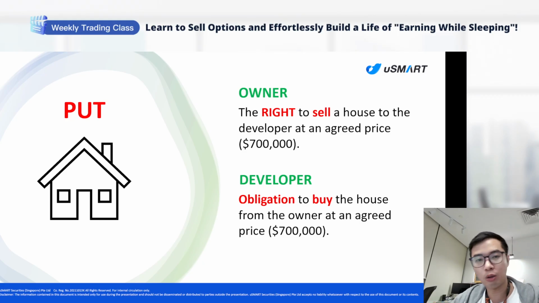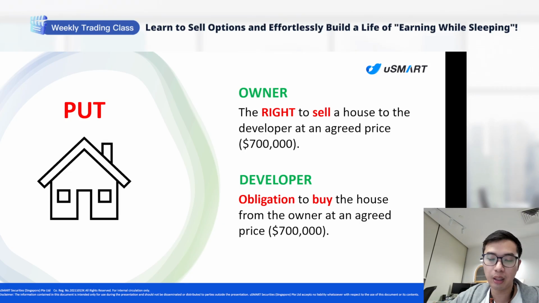All right. So when the buyers want to exercise the right, the put seller has the obligation to buy the house from the owner at an agreed price. And if you buy the house, in stocks it means you buy the stocks.